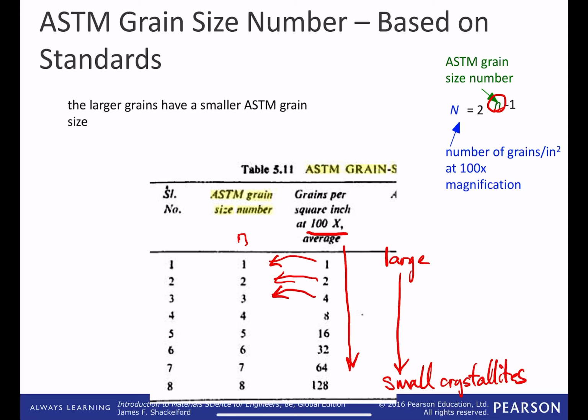And so it follows, therefore, that as the grain size increases, the ASTM grain size number decreases. If crystallite size is increasing, we see that the ASTM grain size number decreases.